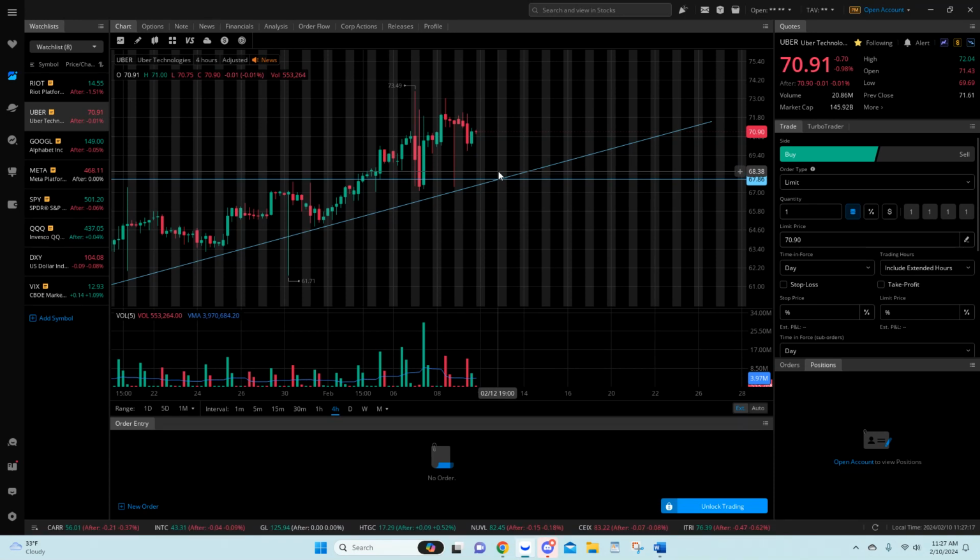Uber's a little slower of a mover, not as much as our next target that we'll be touching on. 2/14 is the trigger. It's good until 2/14, unless we make a big run to the upside. And when I say a big run to the upside, use a little common sense.